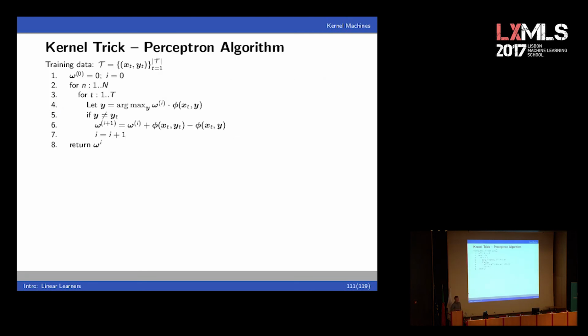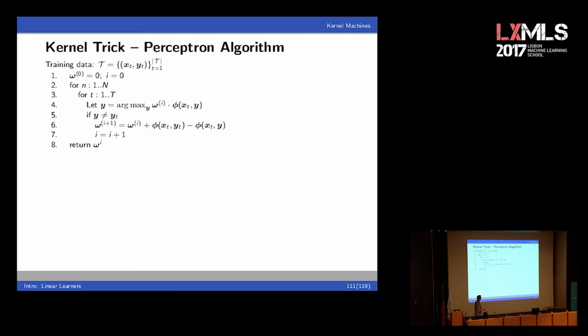So if we now show how to kernelize the perceptron, this is our simple perceptron algorithm where the updates look like this. If we make a mistake, what we do is we add the feature representation of the gold standard example and subtract the feature representation of the wrongly predicted example.